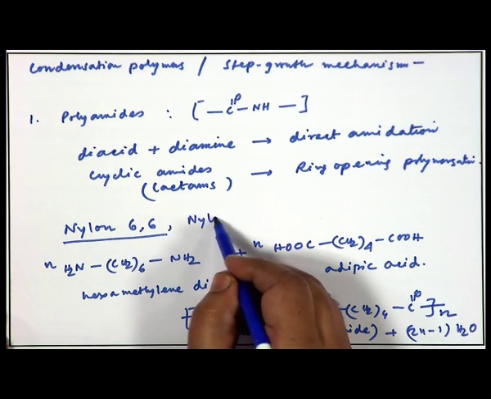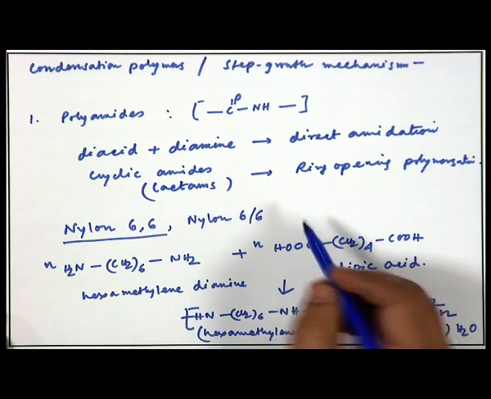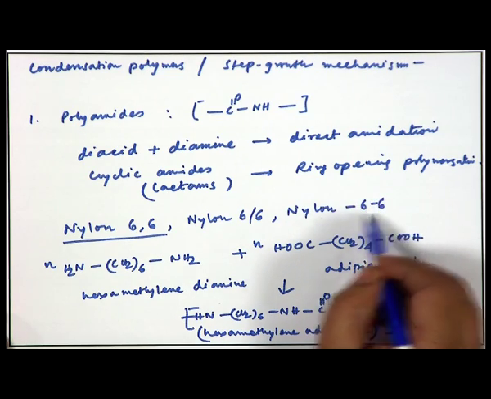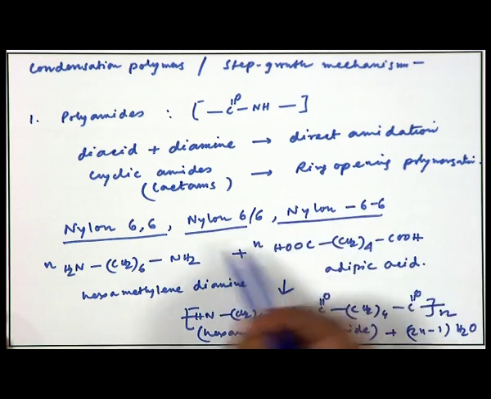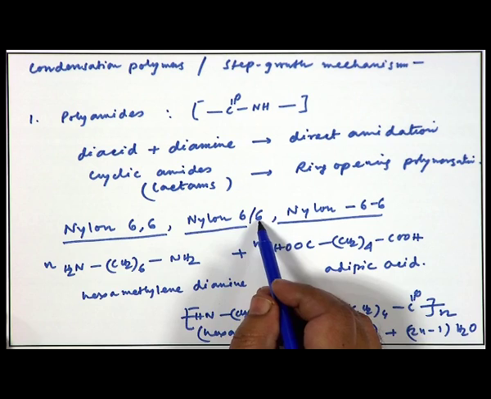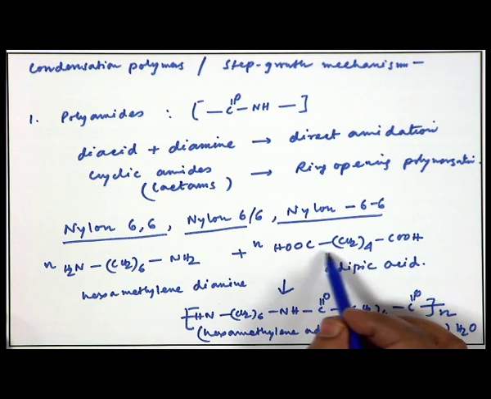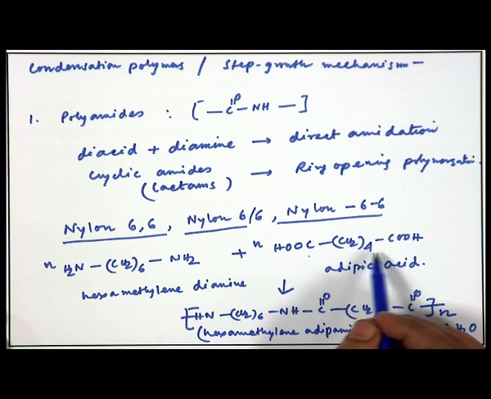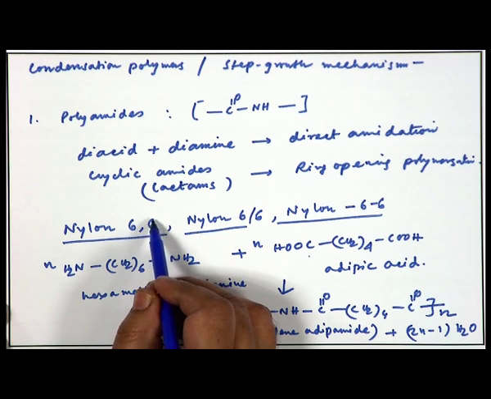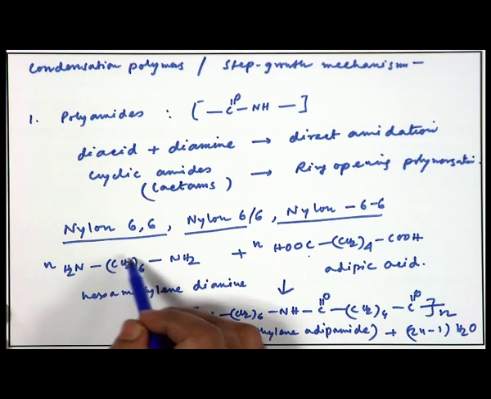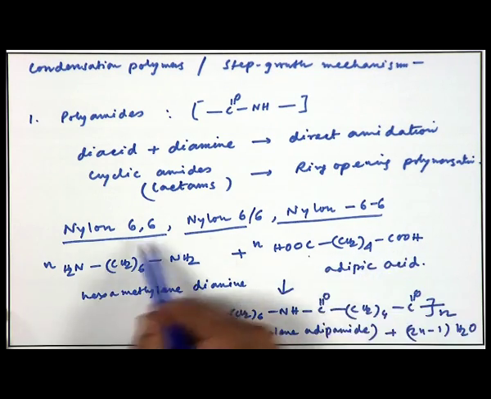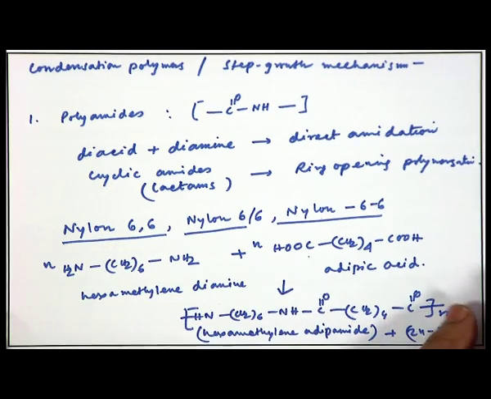There are many ways people write it: nylon 6/6 or nylon 6,6, but they all are the same. The first number corresponds to the number of carbon atoms in the diamine and the second number corresponds to the number of carbon atoms in the dicarboxylic acid. So if you have 2 and 6, it means 2 carbons in one monomer and 6 carbons in the other. Accordingly we will name the nylon.